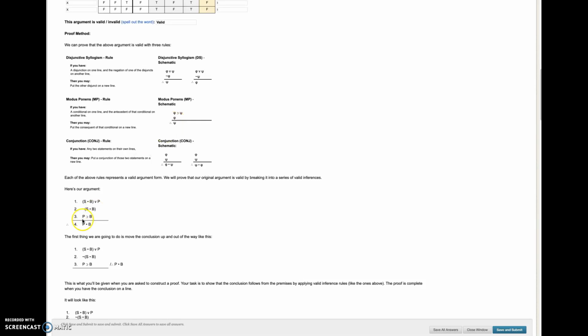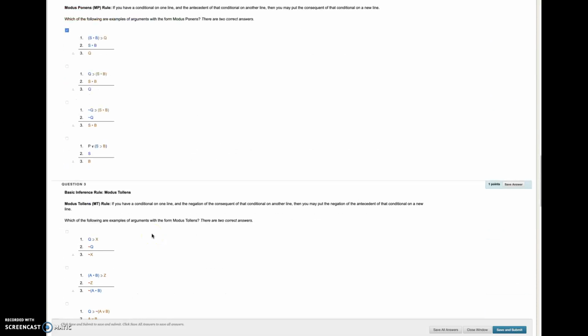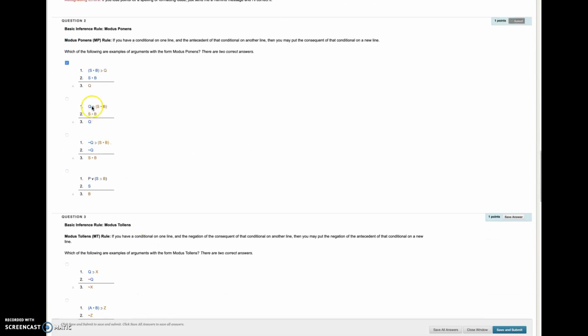That's why we're using Greek letters, because usually these are plain old A, B, C, D, the familiar ones, those stand for atomic statements, but Greek letters can be any statement. So here we have a conditional, and we've got the antecedent, it matches. So here phi is not Q and psi is S and B. So this is an example of modus ponens.